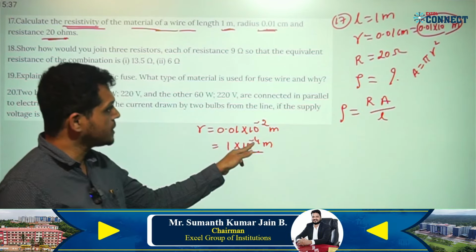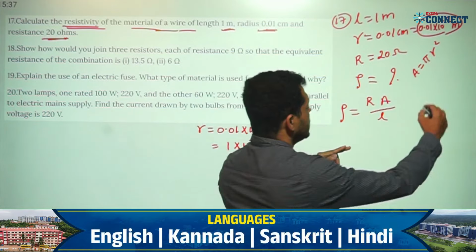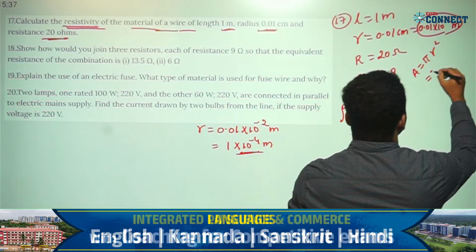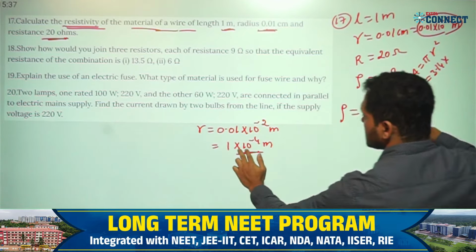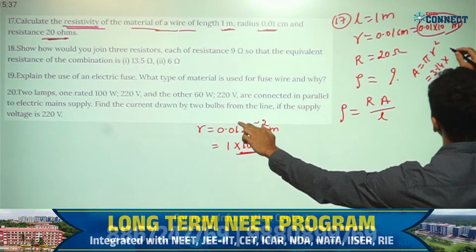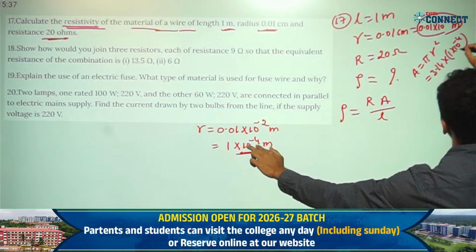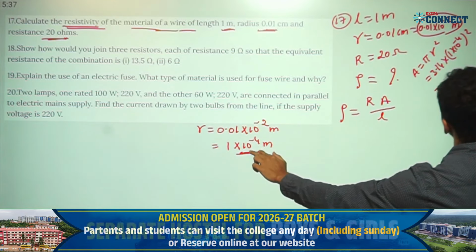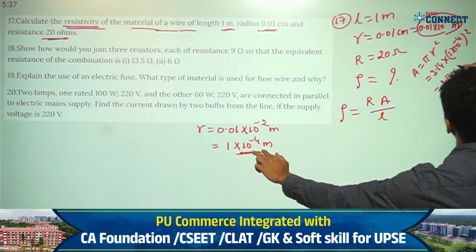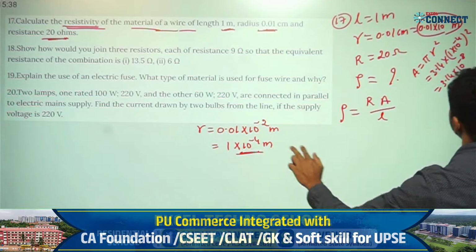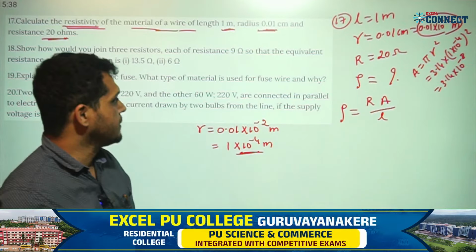If I substitute like this, here I can easily solve. Area is pi, 3.14, into r square. R square is 1 into 10 power minus 4 squared, that is 3.14 into 10 power minus 8.